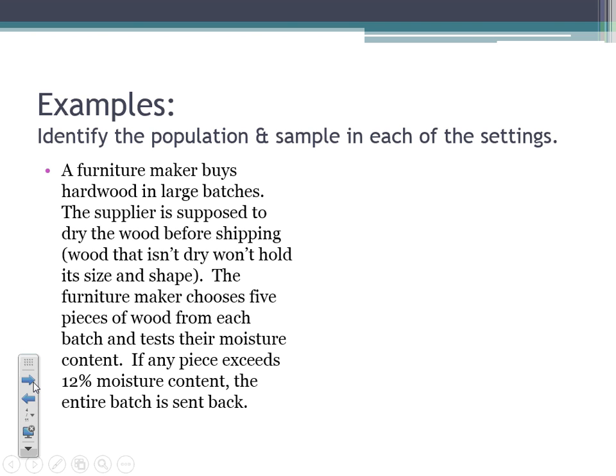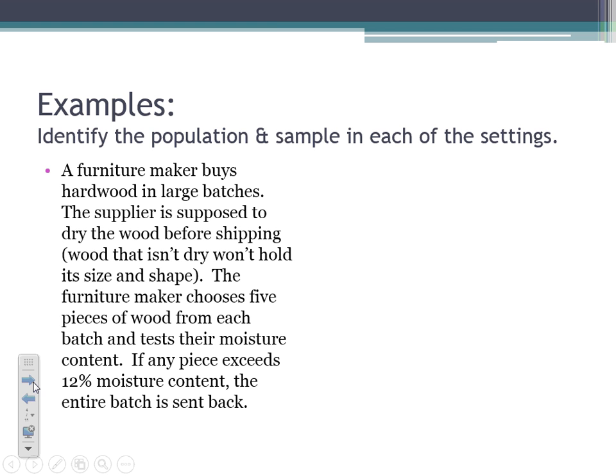It says a furniture maker buys hardwood in large batches. The supplier is supposed to dry the wood before shipping. Wood that isn't dry won't hold its shape and size. The furniture maker chooses 5 pieces of wood from each batch and tests their moisture content. If any piece exceeds 12% moisture content, then the entire batch is sent back. So within this problem, we want to identify the population and the sample.